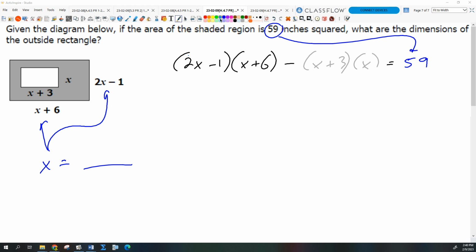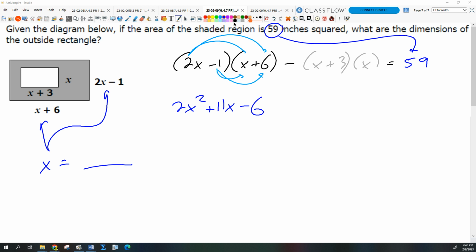So if I FOIL this out, what am I going to get? Let's just go through these steps. If I distribute the 2x and I distribute the negative 1, I'm going to get 2x squared plus 12x minus x, which is 11x, minus 6.